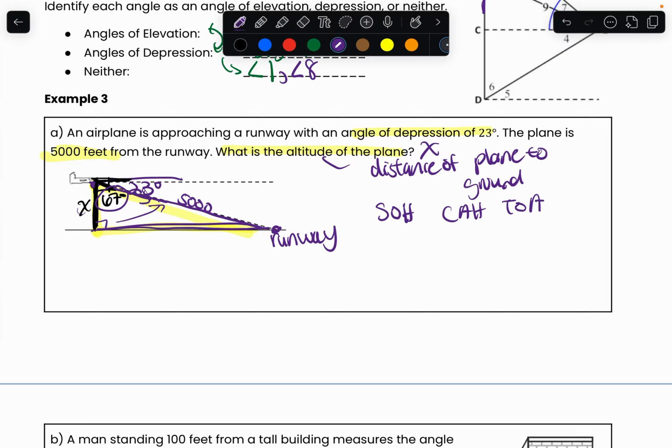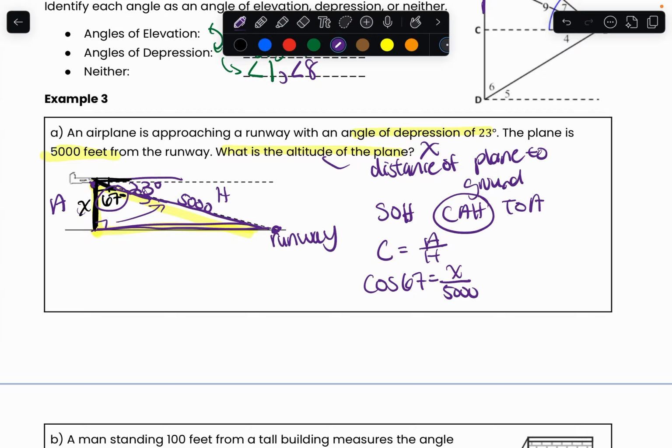I know my X will be my adjacent, and my 5,000 will be my hypotenuse. If I have adjacent and hypotenuse, I need to use cosine. I need cosine equals adjacent over hypotenuse. Now I'm doing cosine of what reference angle? I'm doing cosine of 67. So I put cosine of 67 equals adjacent over hypotenuse, which is X over 5,000.